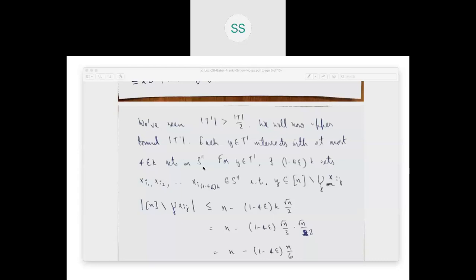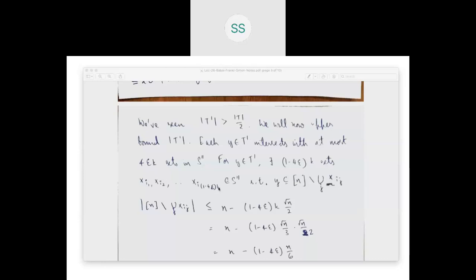So let's see, for a fixed y, the remaining sets are disjoint from y. So the number of remaining sets is 1 minus 4 epsilon times k, right? So let us call these sets xi1, xi2, etc., up to xi subscript 1 minus 4 epsilon times k, which are disjoint from y.